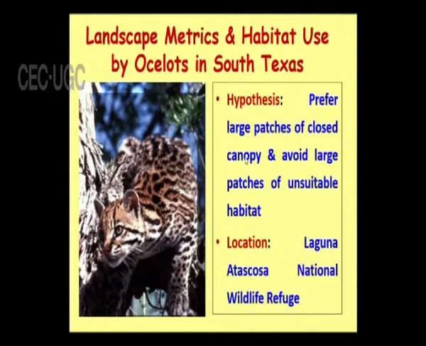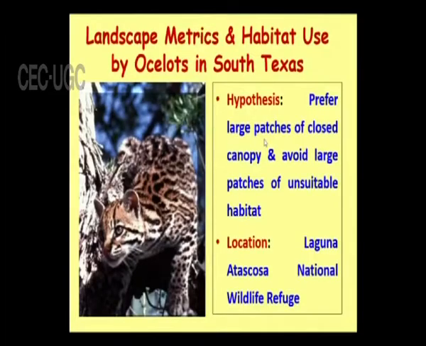Canopy means the outer shade of the trees, the outermost coverage of the tree. So, what hypothesis are we stating? They prefer large patches of closed canopy and avoid large patches of unsuitable habitat. So, we are hypothesizing that these particular animals are preferring a certain type of habitat and avoiding another type of habitat.